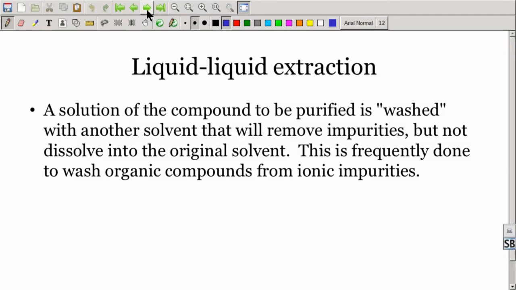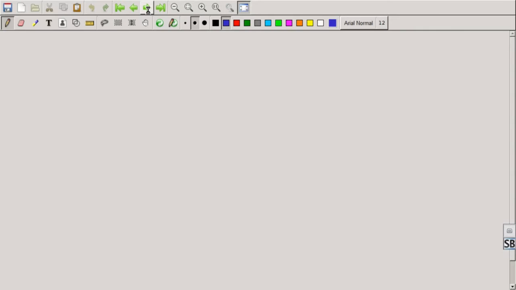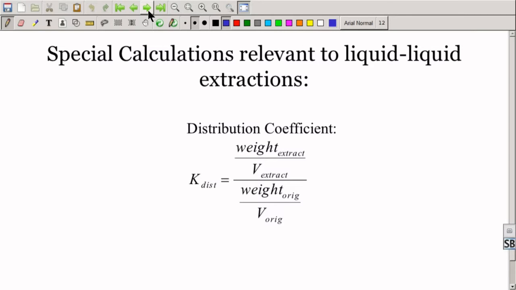This is probably the main area where this is done, certain types of organic synthesis. I don't think I've seen a liquid-liquid extraction done outside of an organic chemistry lab ever. I worked in industry for a while, and everybody just used chromatography as a way of extracting, mostly HPLC.